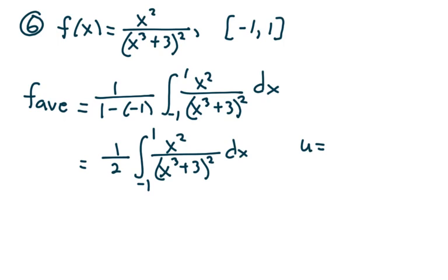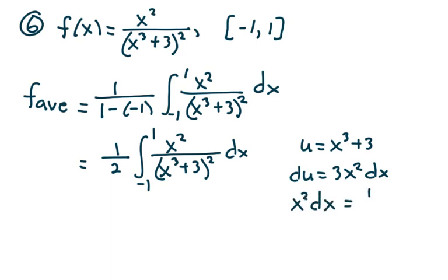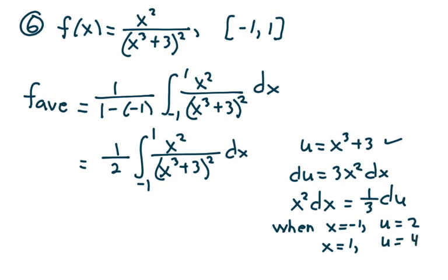So I'm going to let u be x cubed plus 3, u substitution. So du is 3x squared dx. So x squared dx is 1/3 du. So now, when x is -1, I'm going to plug that in here. U equals 2. When x is 1, 1 cubed is 1, 1 plus 3 is 4. You get u is 4.